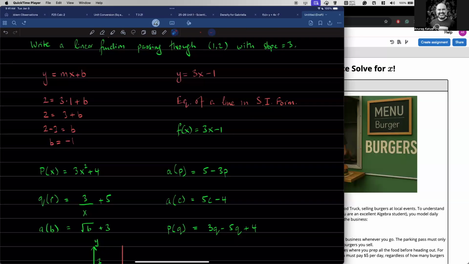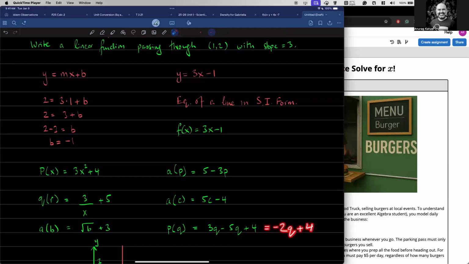5c minus 4 does look like mx plus b. You have a number times a variable plus a number. Could be a minus number as well. Same thing. What about p of q, the last one on the bottom right? Could we manipulate it or massage it into mx plus b? 3q minus 5q plus 4.